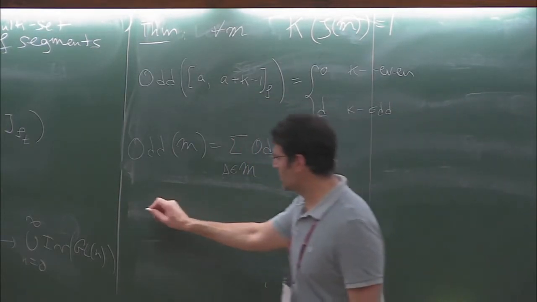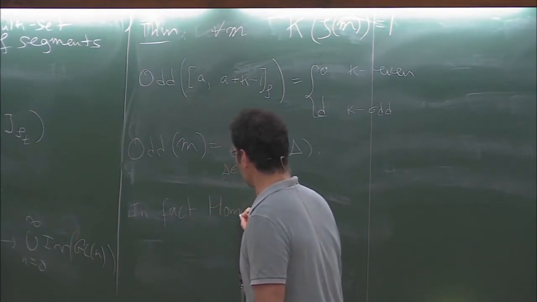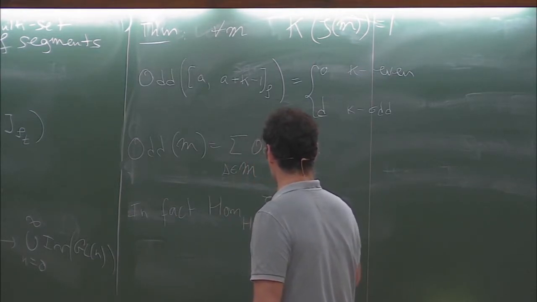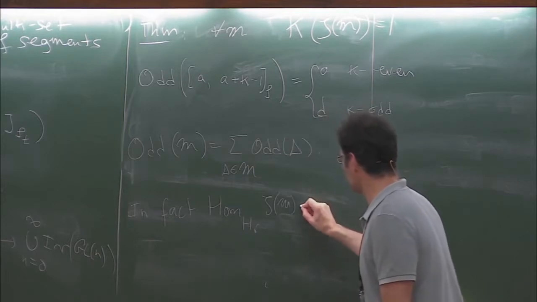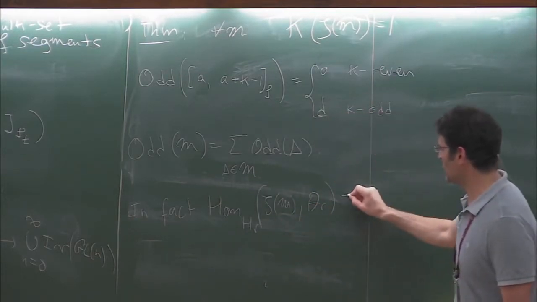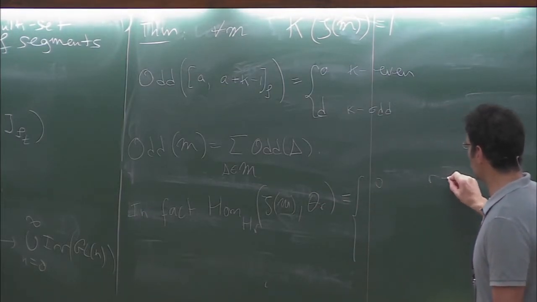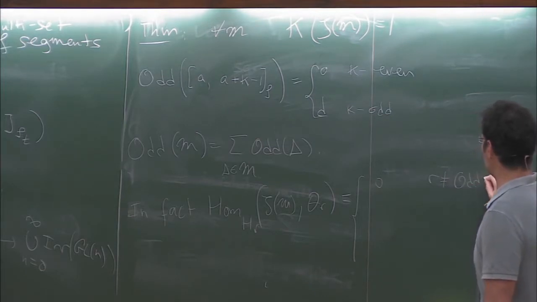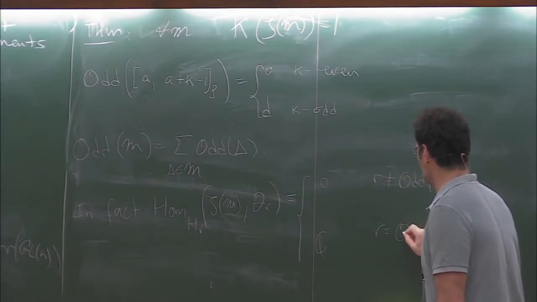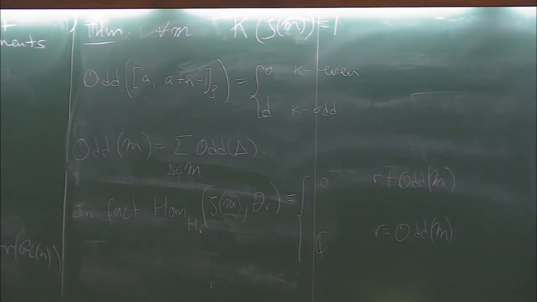And the result is that, in fact, this space is 0 as long as R is not the odd part of M, and it is one-dimensional exactly when R is this invariant of the multiset.